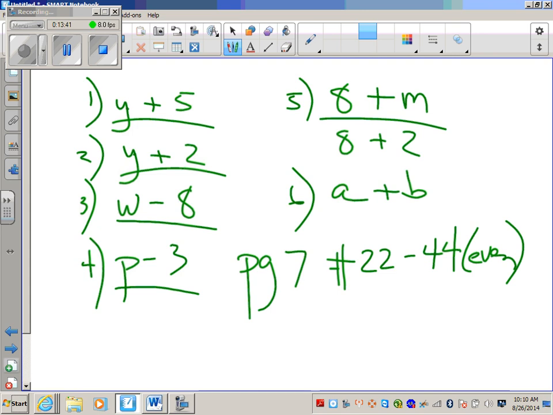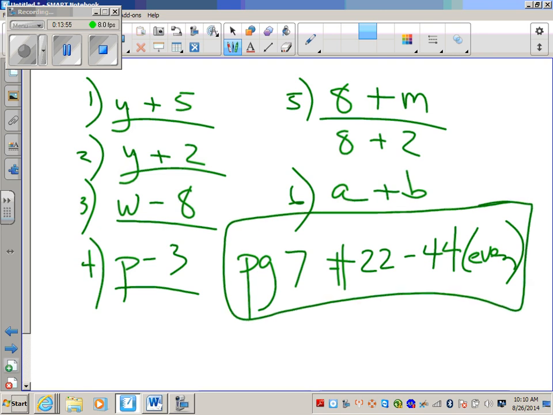If I were doing this, what would you recommend that I do? I might want to write that somewhere at the top so I don't lose track of it. Otherwise, you have to keep looking back, and that's when mistakes happen. So your algebra portion of your assignment for tomorrow is page 7, numbers 22 to 44 even.